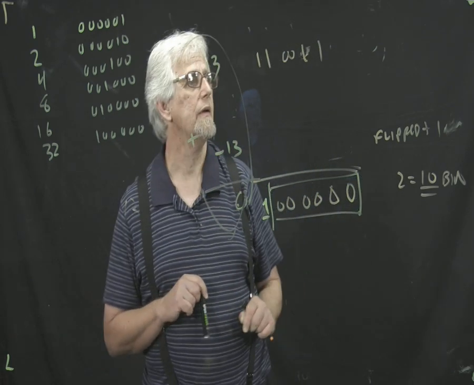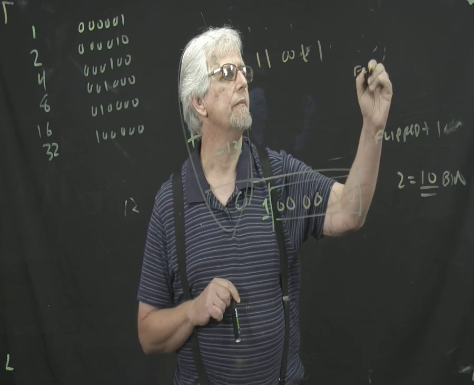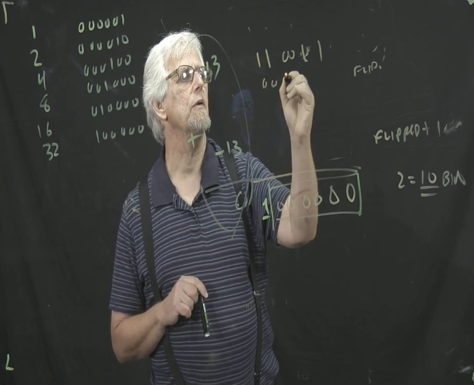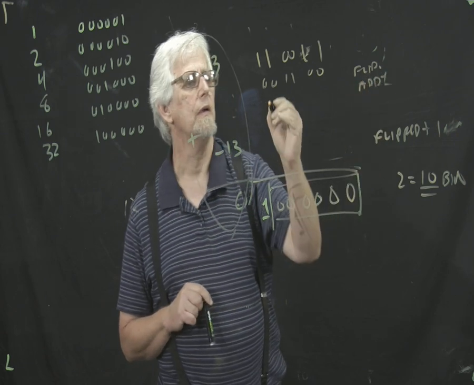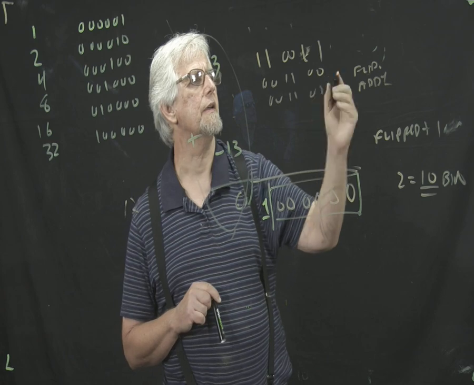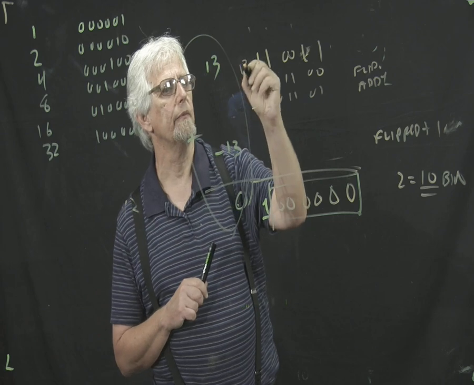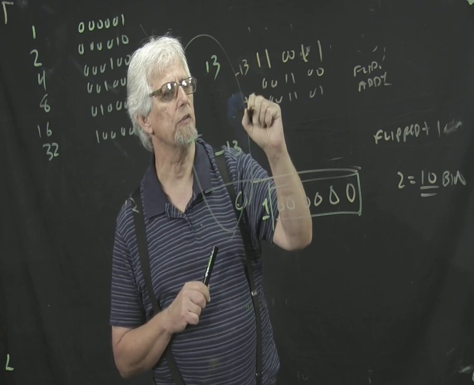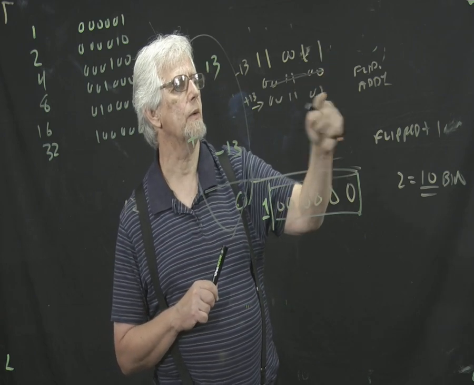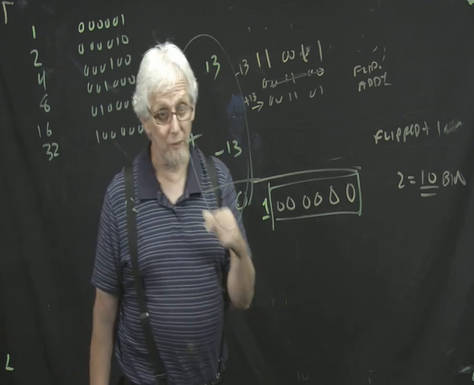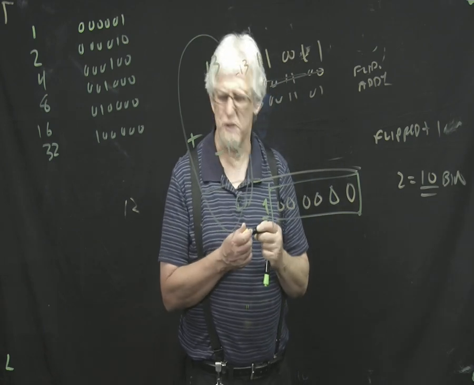All right. If I flip it, I'll get 0, 0, 1, 1, 0, 0, and then I'll add 1, 0, 0, 1, 1, 0, 1, and that's 13. Minus 13 plus 13. So I started with minus 13. I flipped it. I added 1. I got 13 out. So this flipping and adding one thing is a reversible operation. That's good, right?